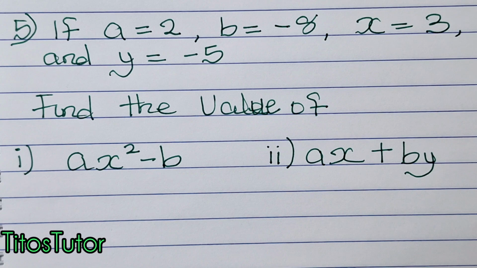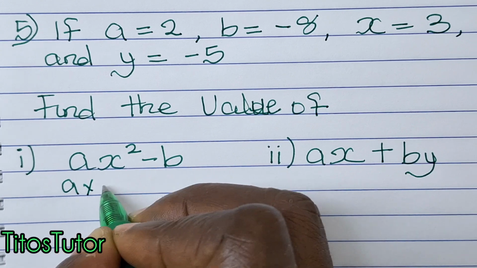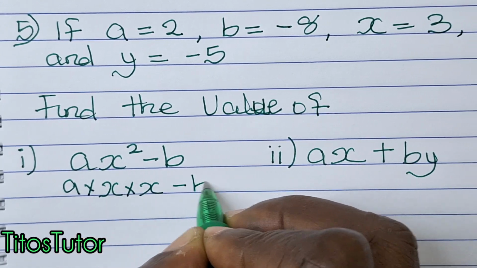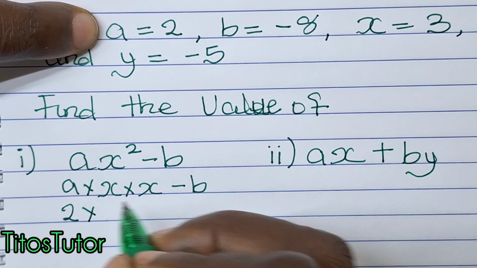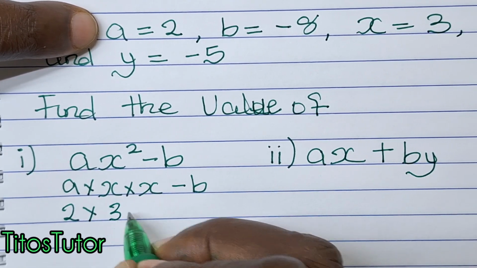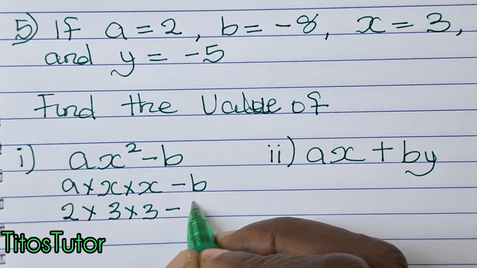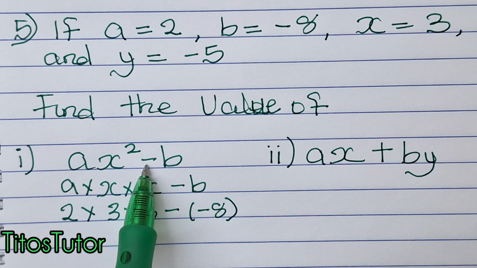It says ax squared minus b. ax squared means a multiplied by x squared, minus b. My a is 2. 2 times my x is 3 times another 3. And my b is a negative 8. But there's a negative in my question.